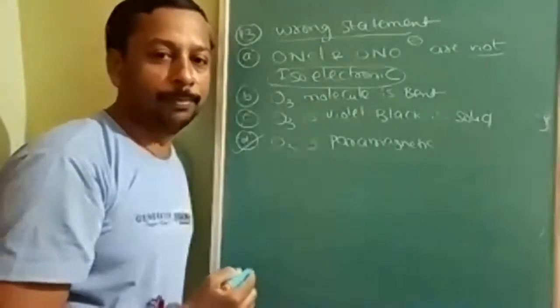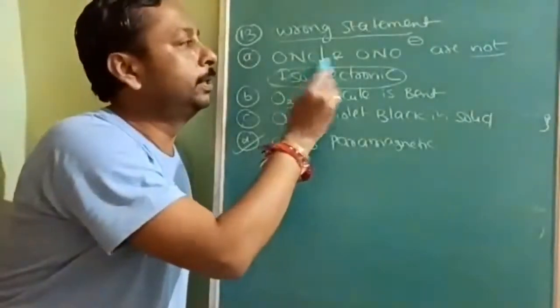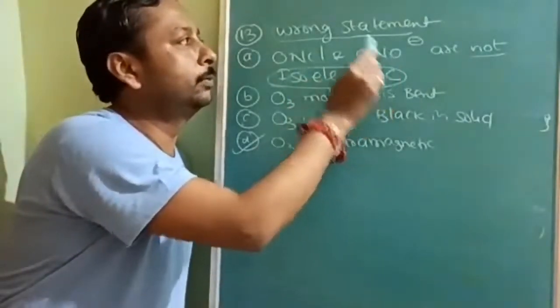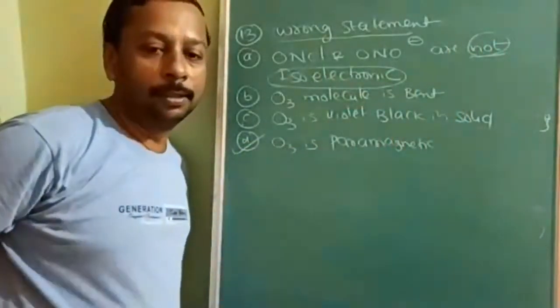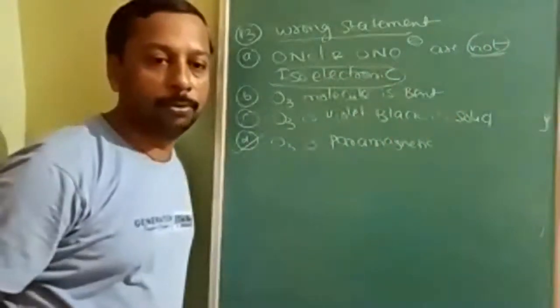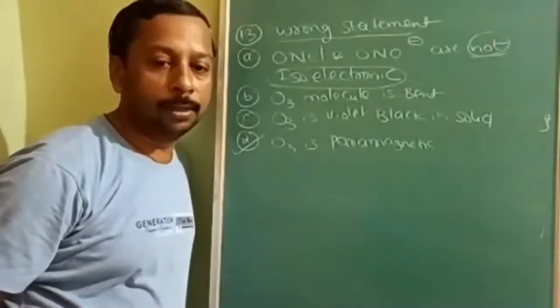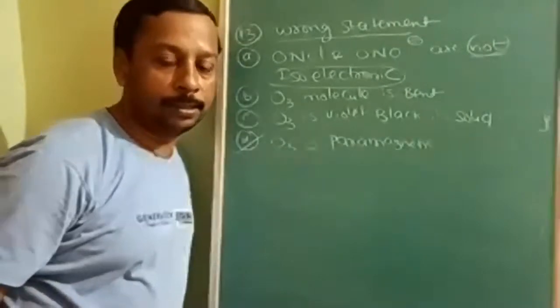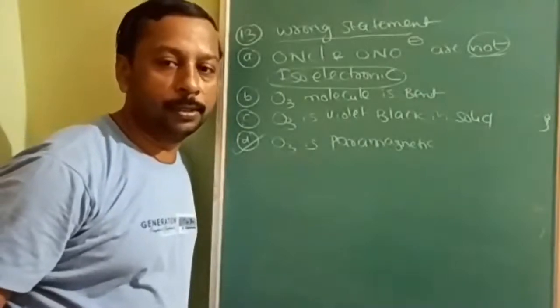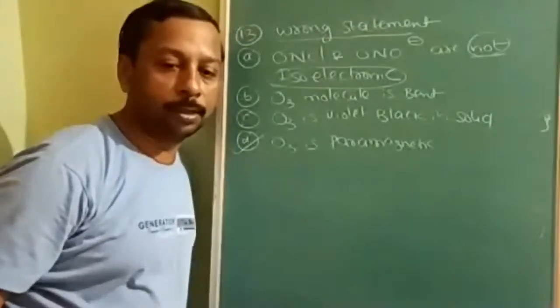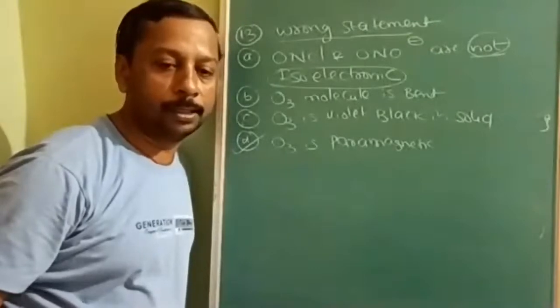Understood? Immediately people will say Cl is replaced, so it is not isoelectronic, so wrong statement. But they are not able to see this. Previous question also I told you, noble metal. So attempting the mock test within the time frame as per the original conditions is very important to check your preparedness.